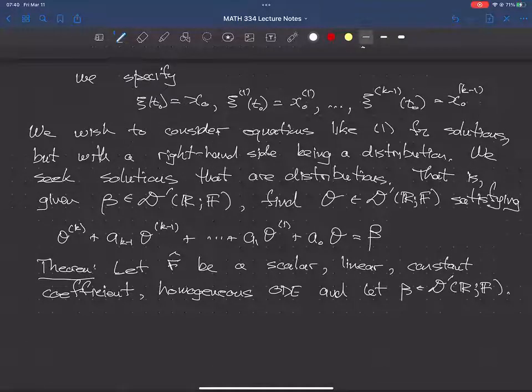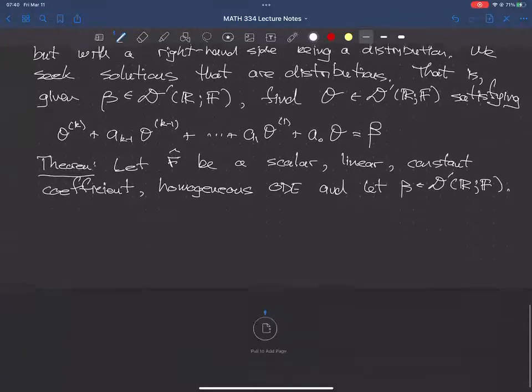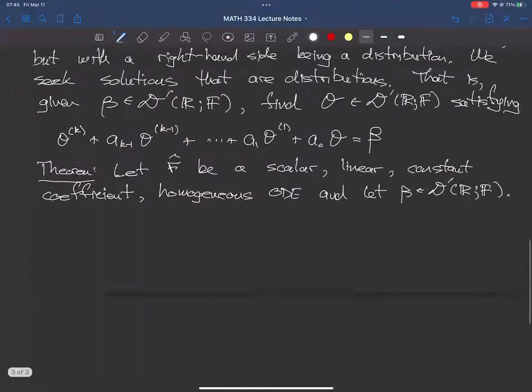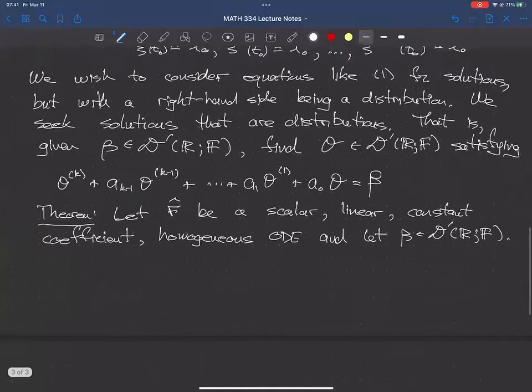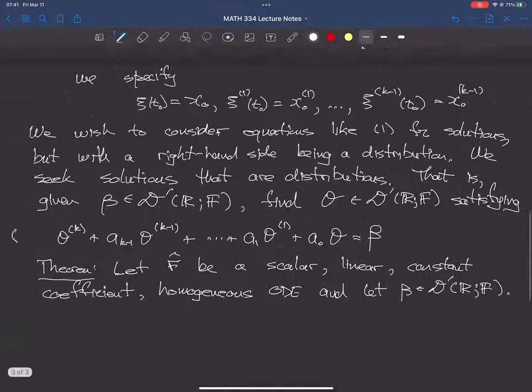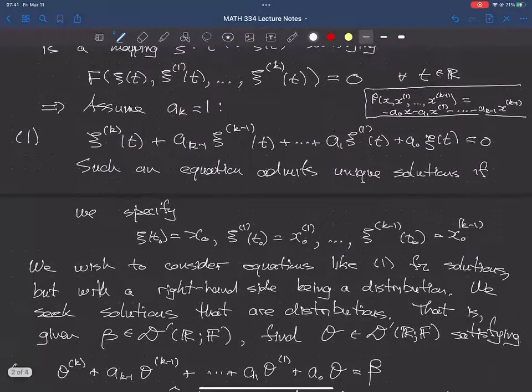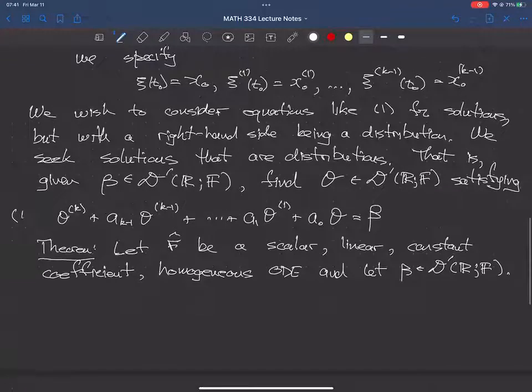Sorry, I shouldn't have done this. I'm not actually interested in this equation. I'm interested in this equation.